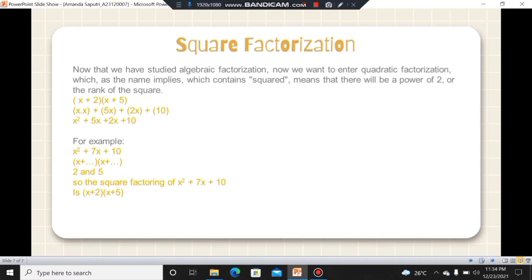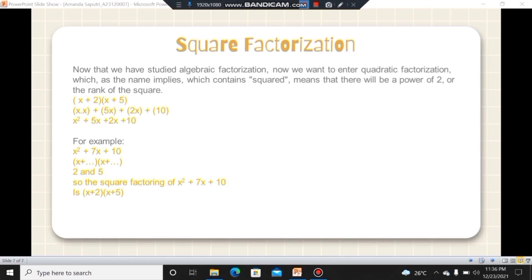Now let's try the algebraic multiplication method first. x plus 2 times x plus 5 equals x times x plus 5x plus 2x plus 10, which equals x squared plus 5x plus 2x plus 10.